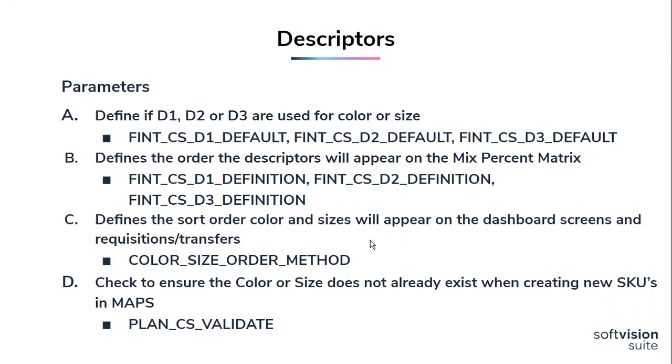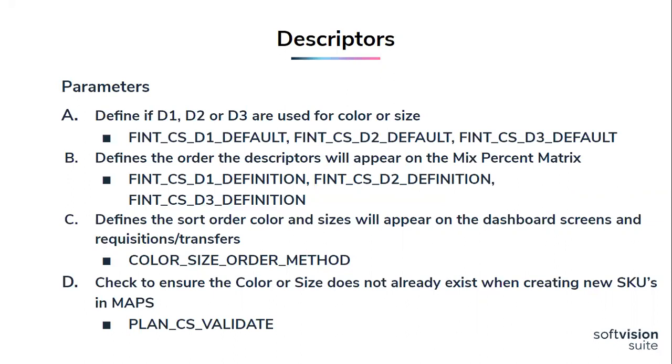Our third parameter basically defines the sort order that you're going to see colors and sizes and how they'll appear on your dashboard screens, and also how they're going to appear on requisitions and transfers. And that parameter is used in conjunction with the color and size setup screen.